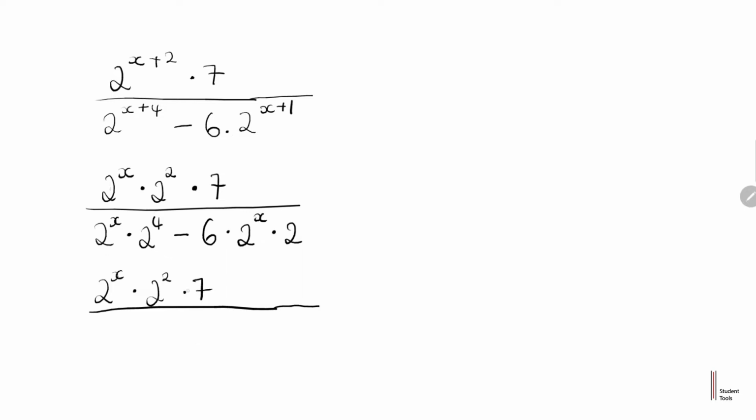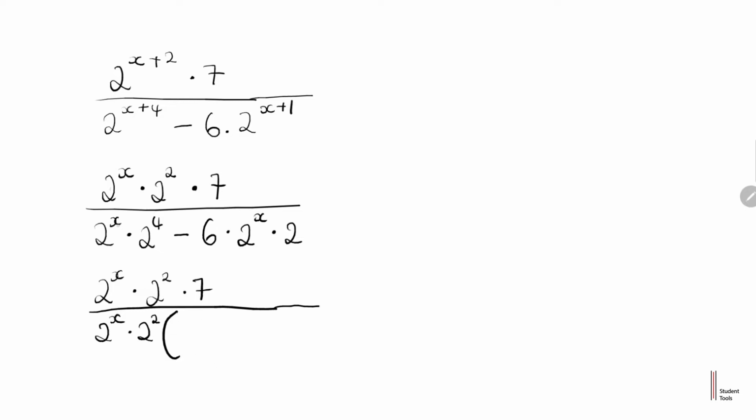So here we have a common factor of 2 to the power x because it's here and here. Let us take also 2 to the power 2. So we have 2 to the power x multiplied by 2 to the power 2. We will factor it out.